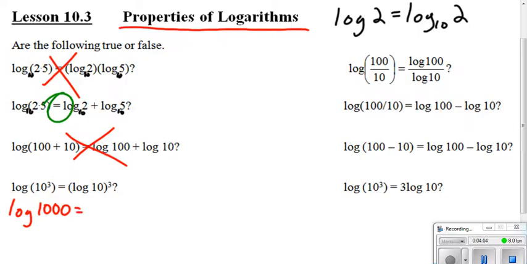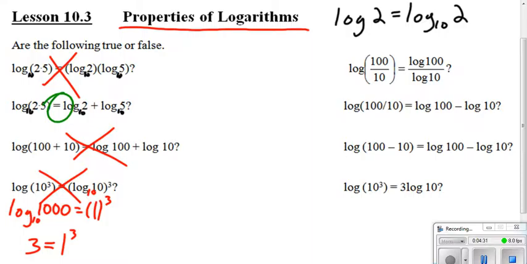Well, we know log base 10 of 10 is 1, right? Because 10 to the 1 would be 10. And to the third power, well, log base 10 of 1,000 is actually 3. So what it's saying here is 3 equals 1 to the third. Well, we know this one does not work then.